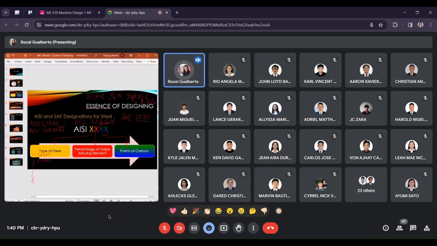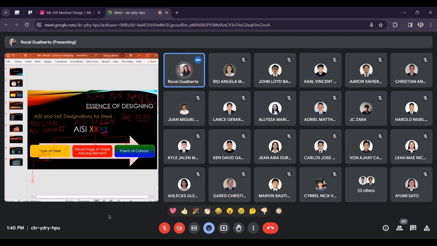In the designation, as I mentioned earlier, the last two digits are the most important. Again, these two digits refer to the points of carbon.